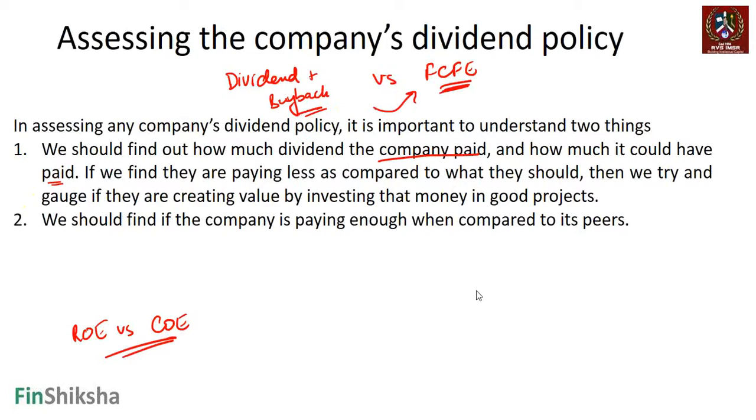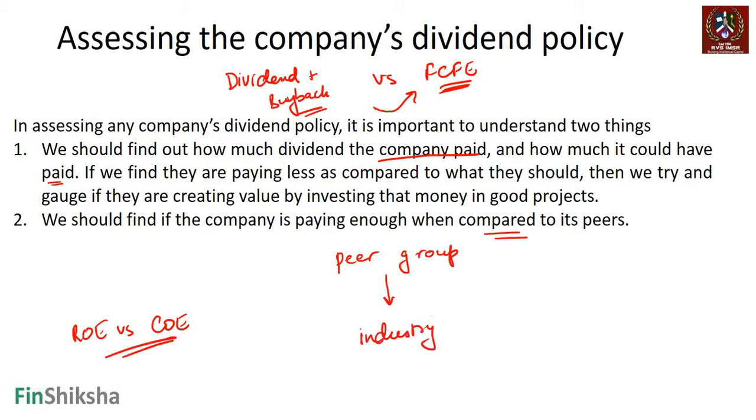So we may want to look at what the peer group is doing. What are peer companies or the peer group paying in terms of dividend, because that will tell us a little bit about the industry and what kind of reinvestment is available in the industry.